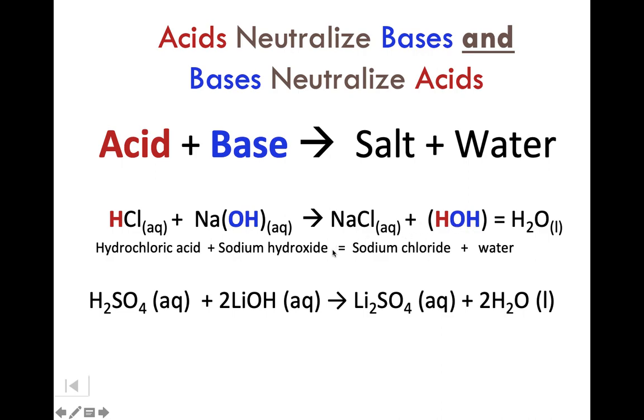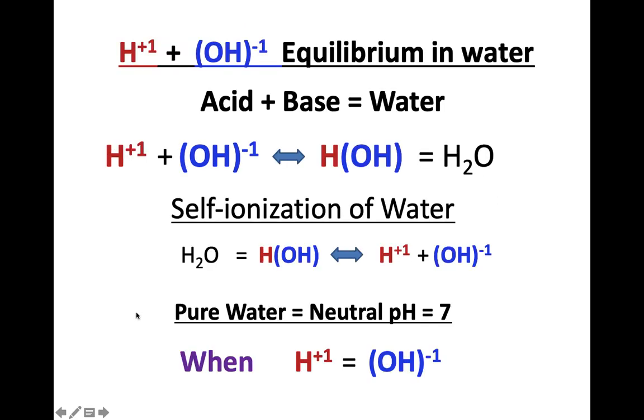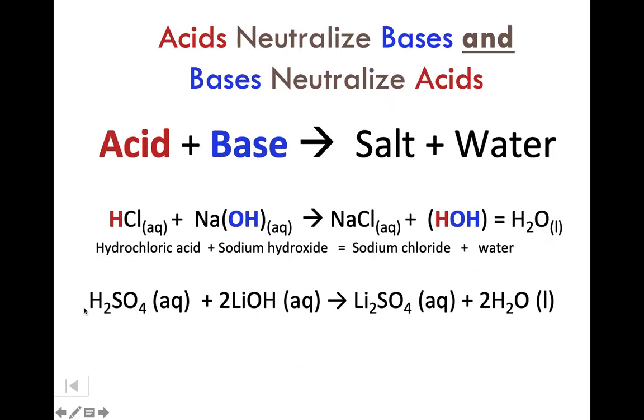Now you might say, oh, that seems easy. Well, it could be easy like that, where salt is salt, but it could be a little more complicated. Where we have sulfuric acid, H2SO4, plus lithium hydroxide, LiOH, and if you notice, there's two H's, and they need to bind with two OH's.